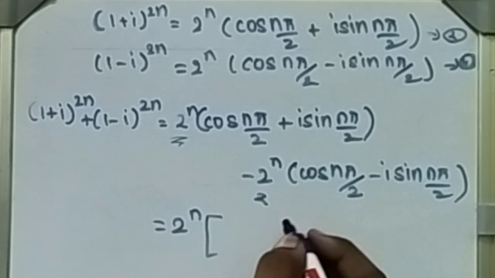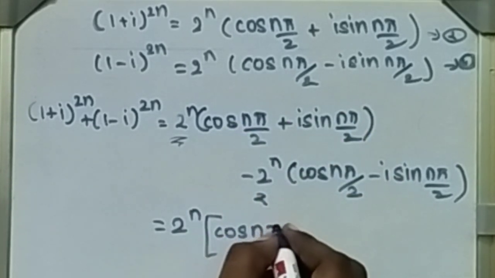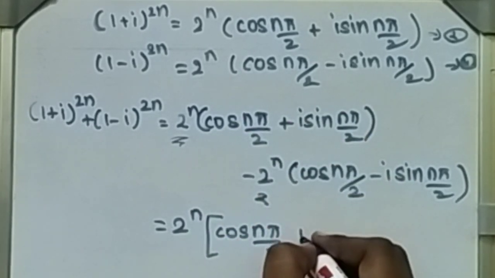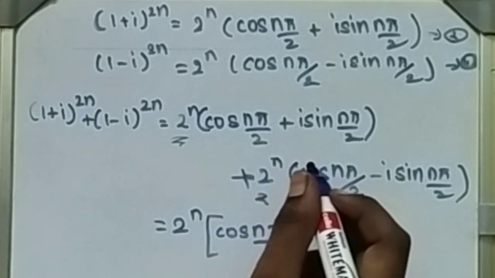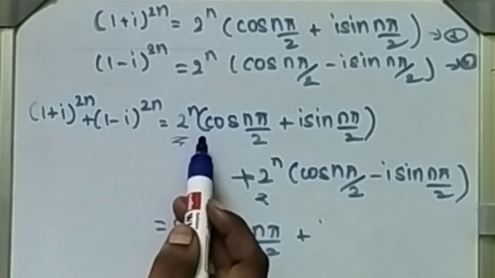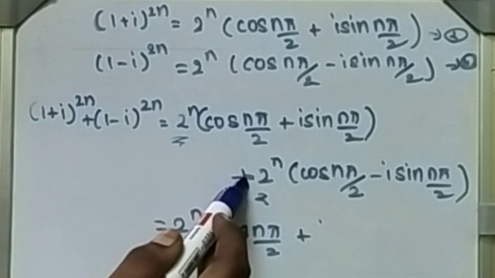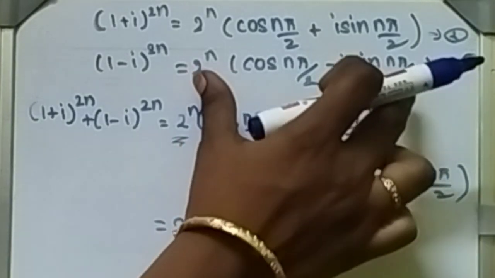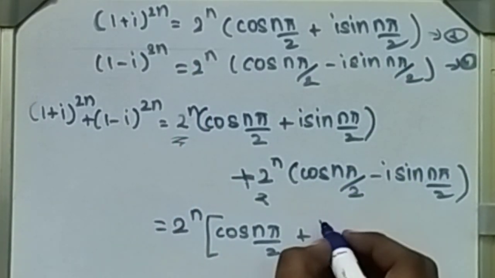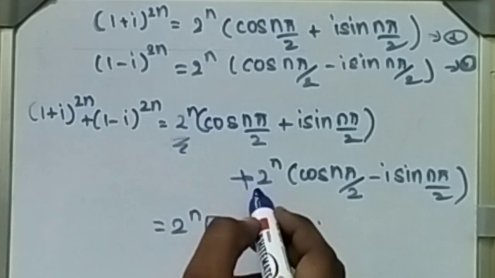So what do we have here? cos(nπ/2) + i sin(nπ/2). So we are adding these two terms. For (1+i) we substituted here, and the addition becomes this term for (1-i)^2n. I am taking 2^n in both the terms as common.